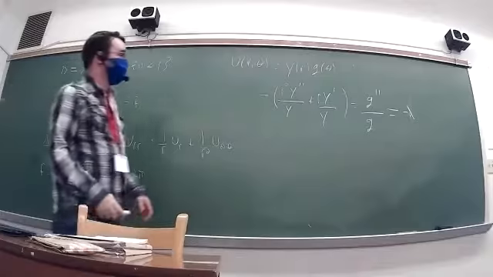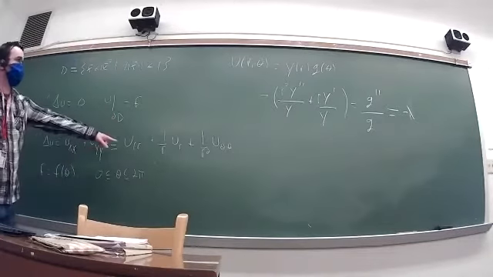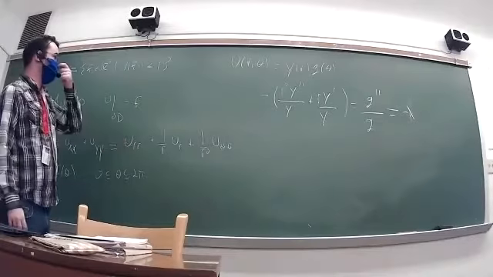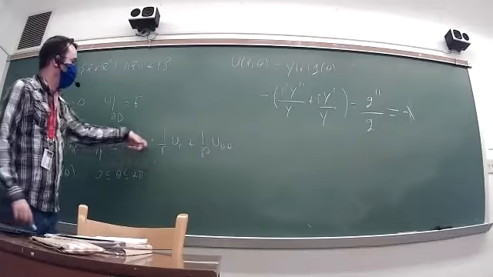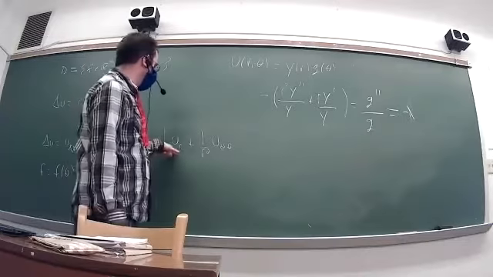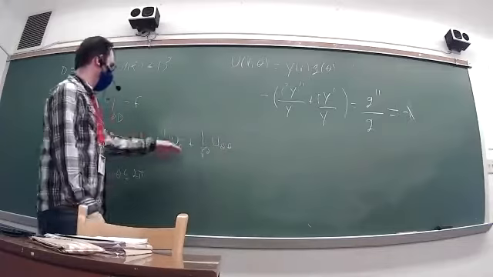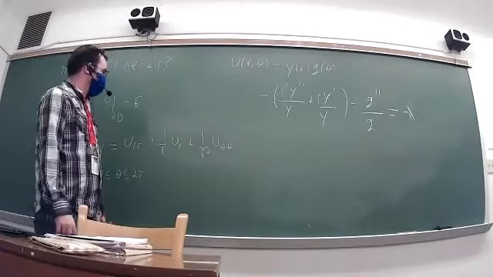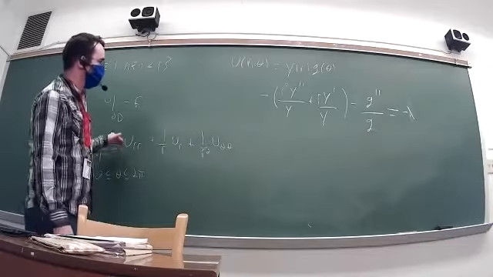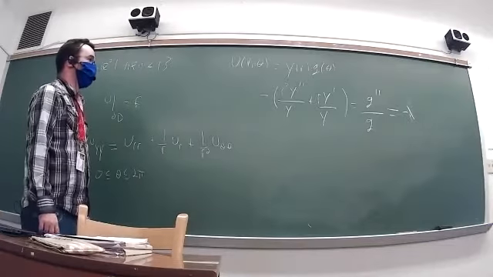Skipping a couple of steps that I know you can all do, just plug this into that equation, and you get y double prime times g plus 1 over r y prime times g plus 1 over r squared y times g double prime. Then you divide through by y times g, and then multiply through by r squared.